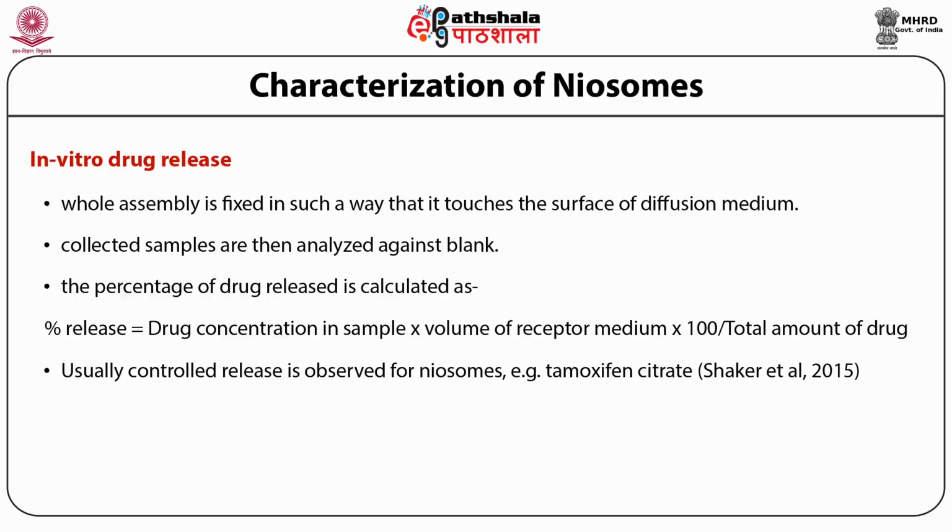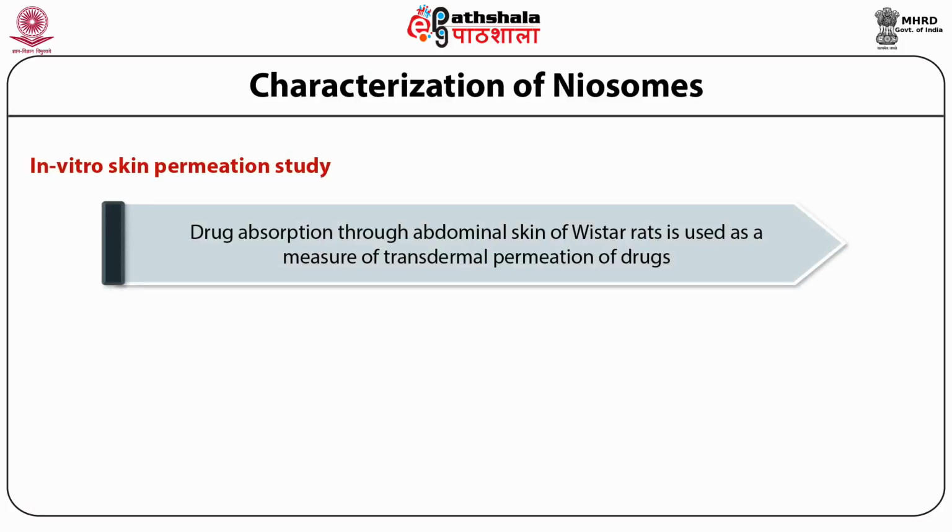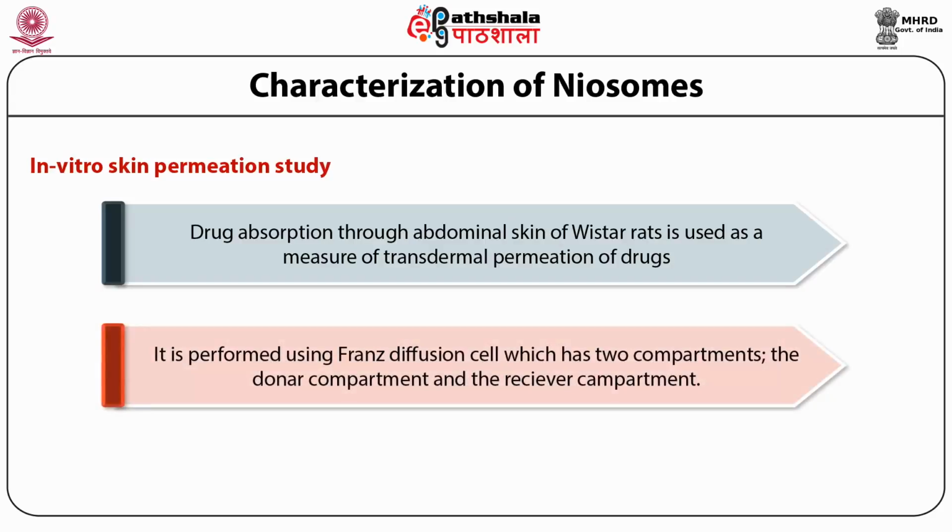tamoxifen. Another parameter for characterization of neosomes is the in vitro skin permeation study. Here, the absorption of the drug through abdominal skin of a Wistar rat is assessed, and it is a measure of transdermal permeation of the drug formulated in a neosome. The study is performed using a Franz diffusion cell, which has two compartments, the donor compartment and the receiver compartment.